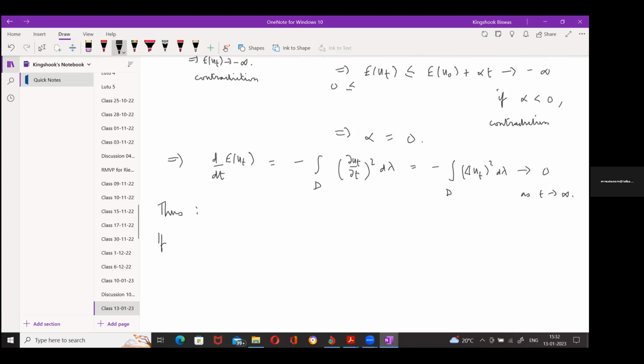If u_t converges to some u infinity in C2 norm, that means the second derivatives converge uniformly on D closure, right? Then the Laplacian of u_t will converge to the Laplacian of u infinity uniformly on D closure.